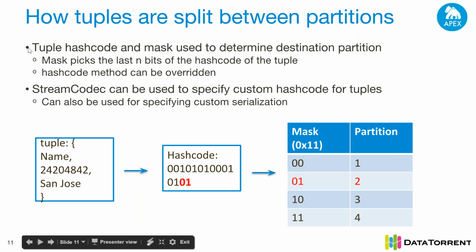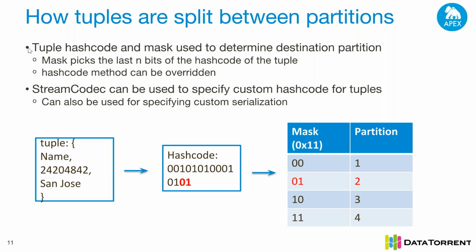Basically, the decision on which partition the tuple should be processed is made based on the hash code of the tuple. When the partitioning is done, we provide a mask for the hash code of the tuple based on the last n bits.